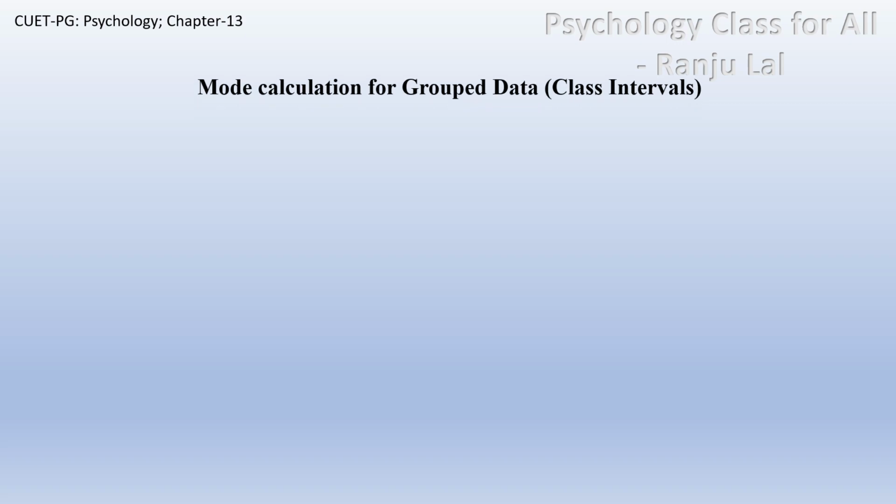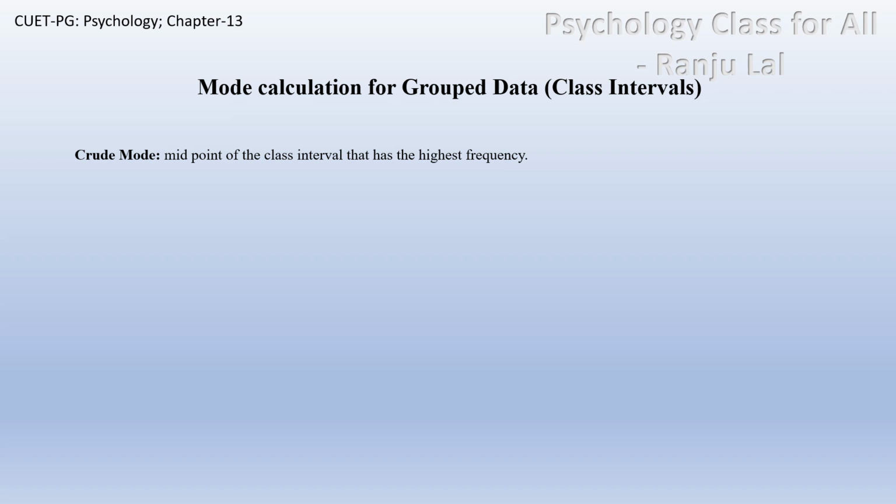Now mode calculation for grouped data, that is from class intervals. There is a concept of crude mode and true mode that comes into play when analyzing grouped data. The crude mode is the midpoint of the class interval that has the highest frequency in a frequency distribution.